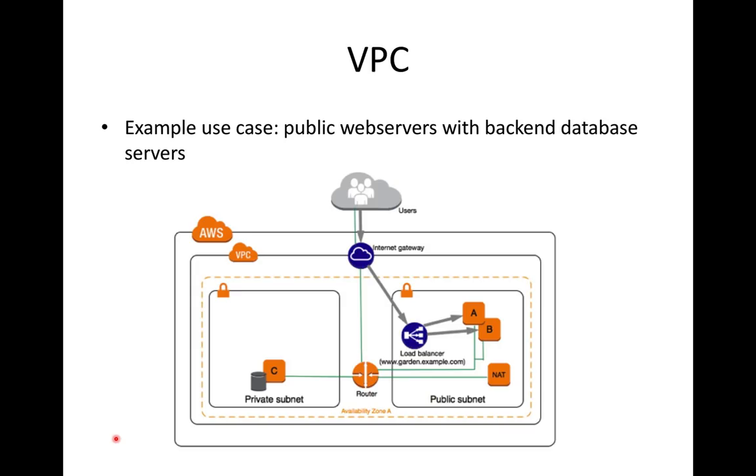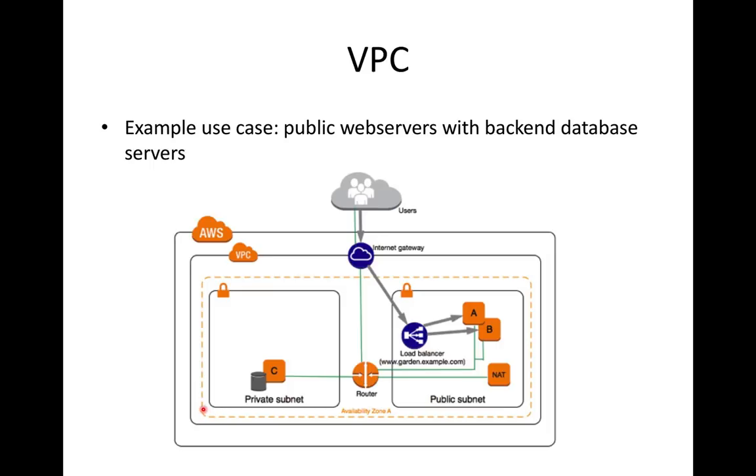Okay, so how do we use a VPC within an AWS region? In this diagram, I show you a typical way where we would deploy a VPC. In this example, we have an AWS region, and within that region, we have defined a VPC.